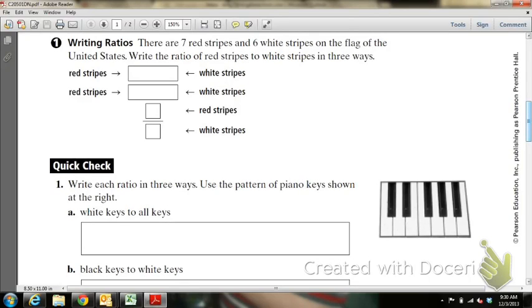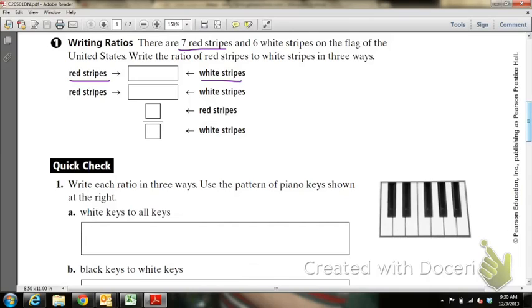Okay, so pause the video and fill that in before moving on to some examples. Okay, we're going to try an example here, and then you're going to have a quick check. In the first example, we're going to write a ratio from a word problem. So we have to follow the order and pull out the information that we need. So first, we're going to put red stripes on the left and white stripes on the right.